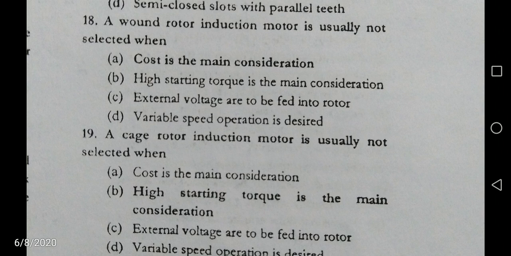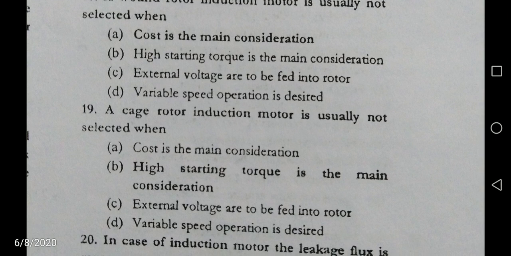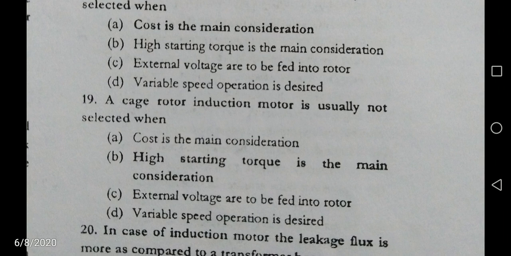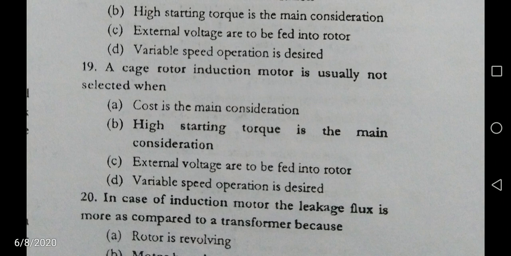A cage rotor induction motor is usually not selected when cost is the main consideration. So if cost is the main consideration, then we go for the squirrel cage rotor only. And high starting torque is the main consideration. So when higher starting torque is required, then we can't go for the squirrel cage rotor.